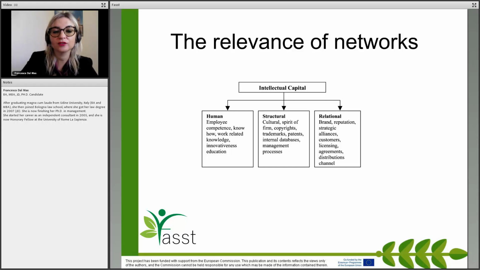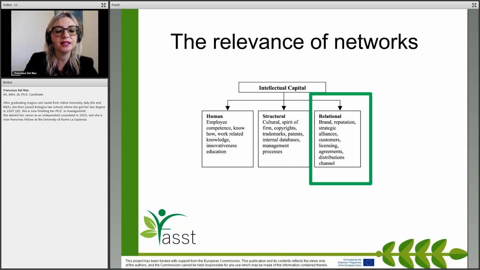Then we have structural capital: the cultural spirit of the firm, copyrights, patents, databases, management processes. And then comes the part that is of most interest for us in this lesson, which is relational capital. Relational capital is about brand, reputation, strategic alliances, customer licensing, agreements, channels, and so on and so forth.